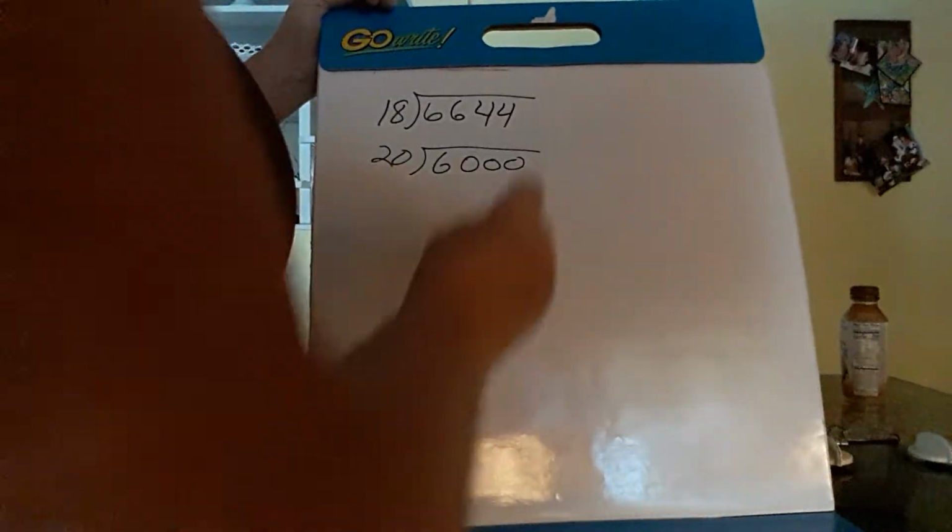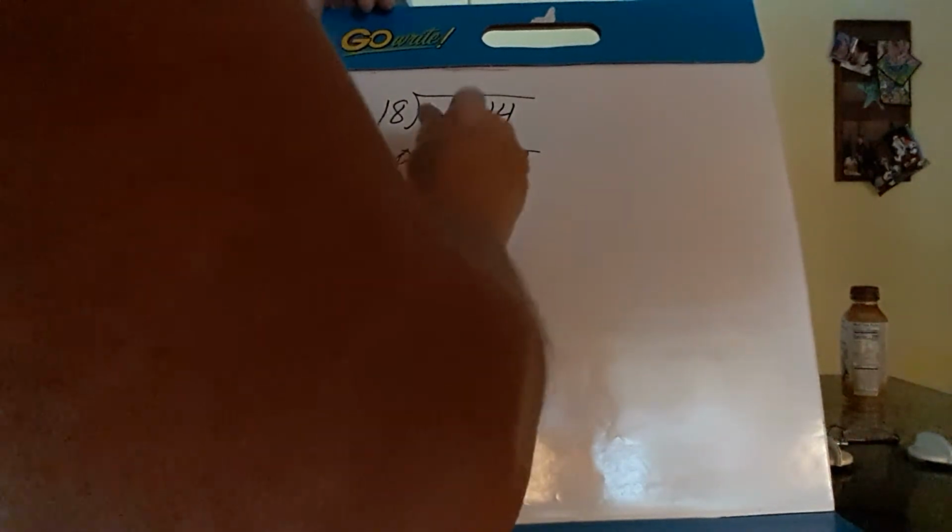Let's make this 20 divided into 6,000. Okay. Again, since we have zeros in both the dividend and the divisor, we're going to take them out just for this estimation. 2 goes into 6 3 times.